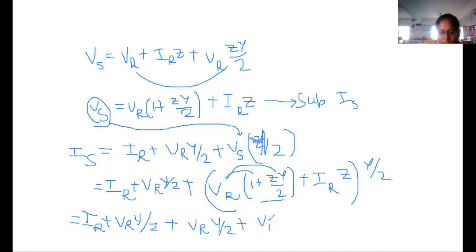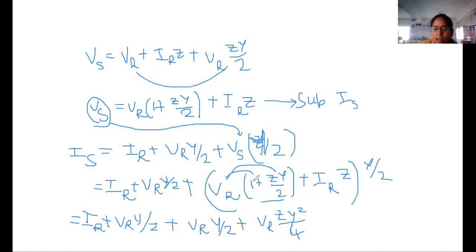So VR into Z into Y square by 4. Both the terms can be multiplied at a time here.